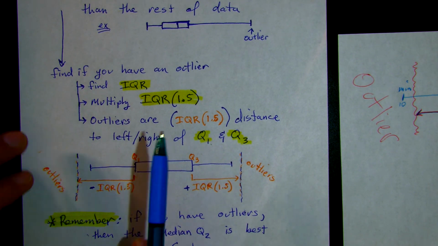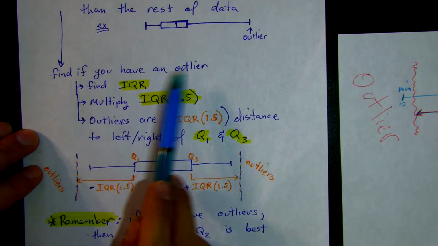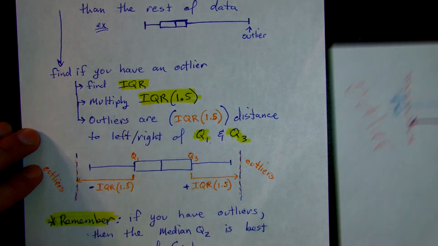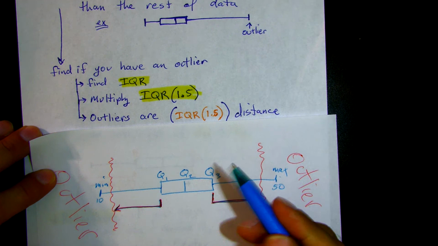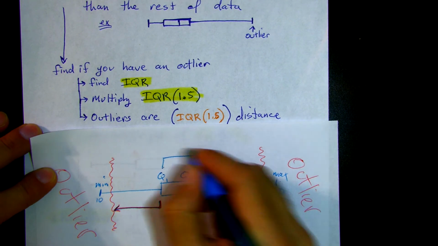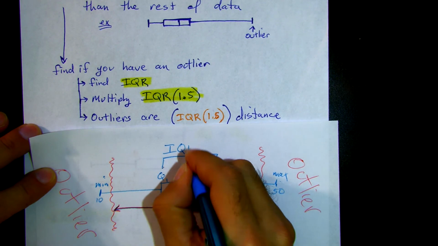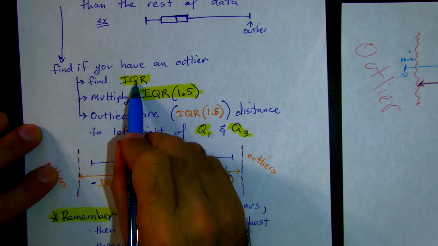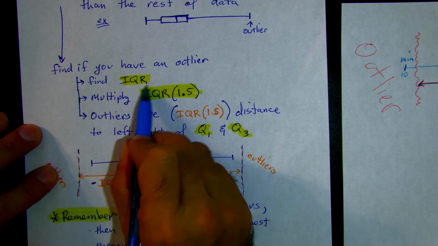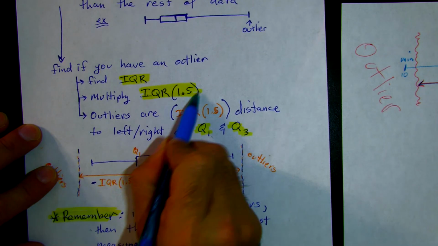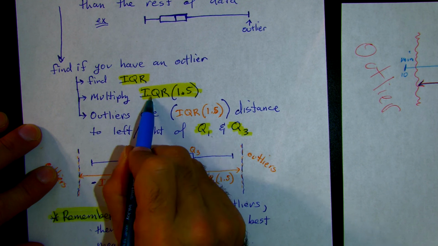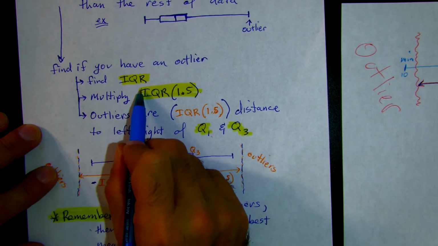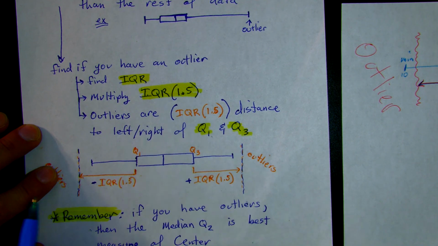Okay, so to find if you have an outlier, you have to first find the IQR. Remember, the IQR is just the distance between Q1 and Q3. IQR, interquartile range. So you find the IQR, you take the IQR, you multiply by 1.5 every time. This is like a formula. We do this every time. So if the IQR was like 4, you'd multiply 4 times 1.5.